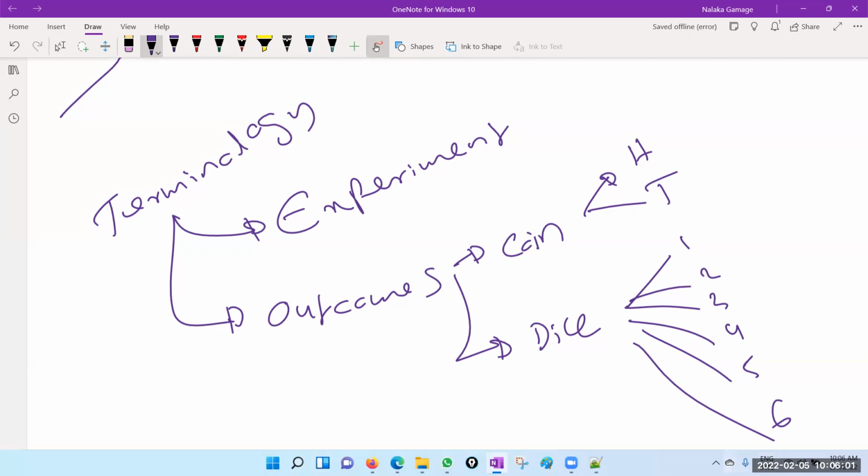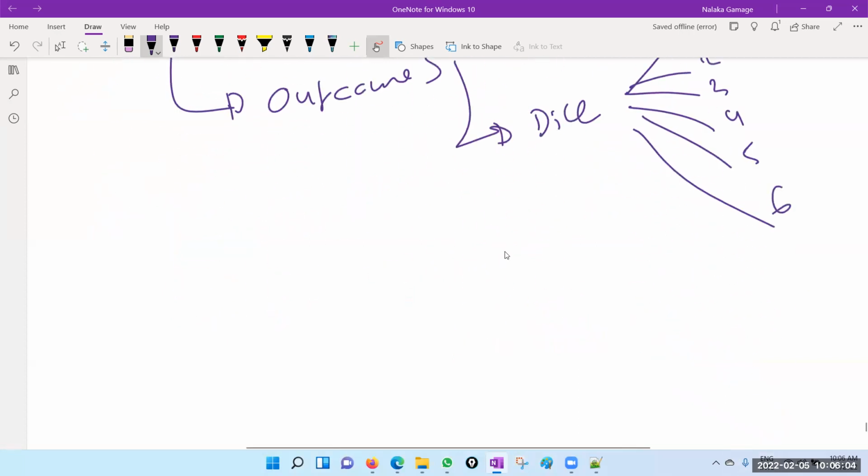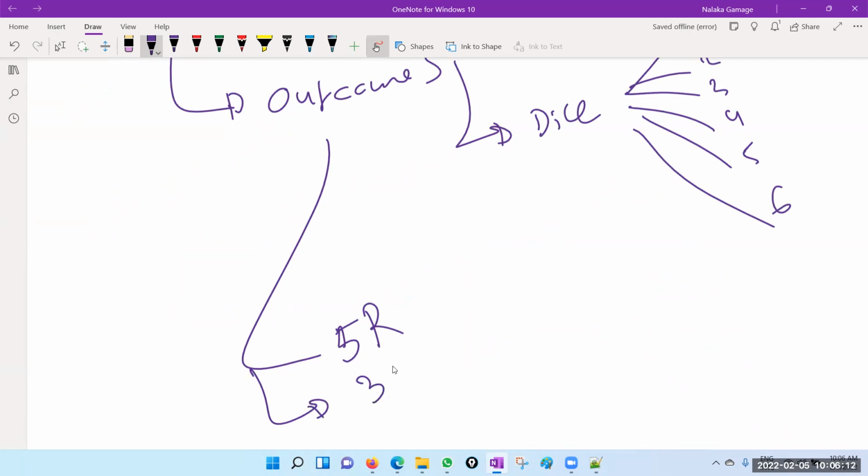For example, if you have 5 red balls, 3 blue balls and 2 green balls, and I am picking one ball, can someone tell me or put it into chat what the possible outcomes are?